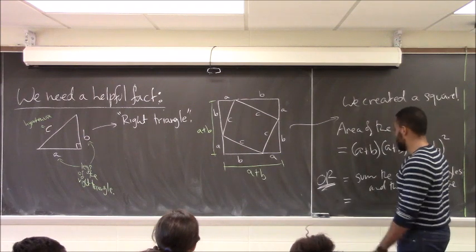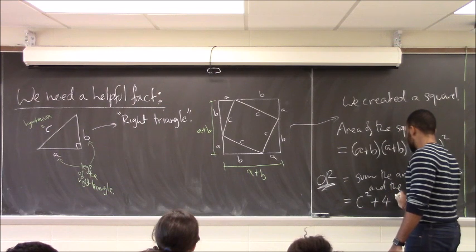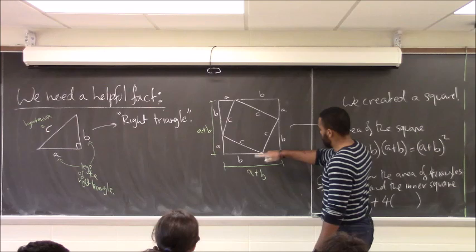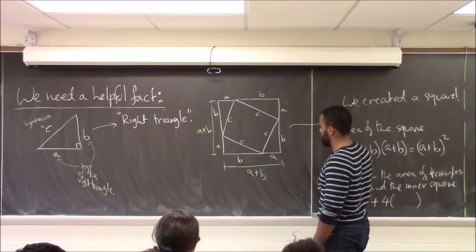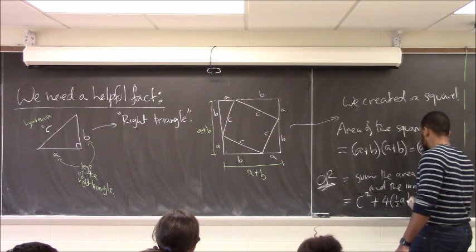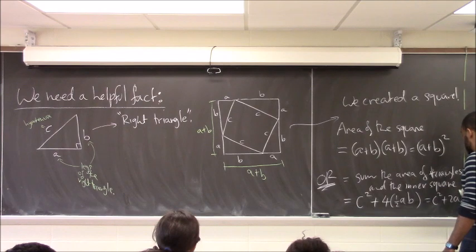There's an inside square with side length C, so that's C times C, which is C squared, plus 4 times the area of the other triangles. The area of a triangle is half base times height, so that's 1/2 AB. This is C squared plus 2AB.